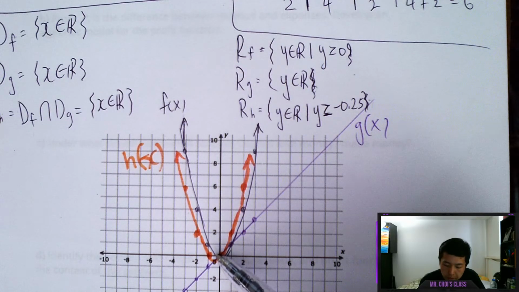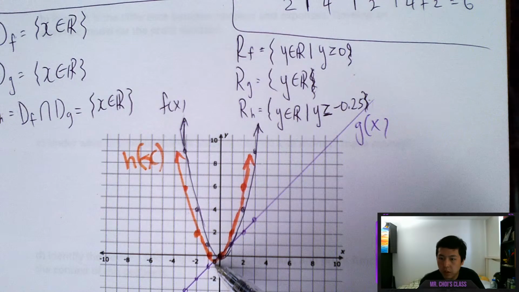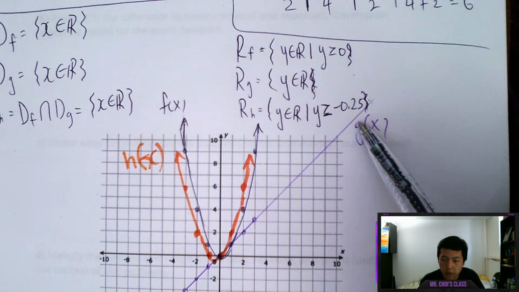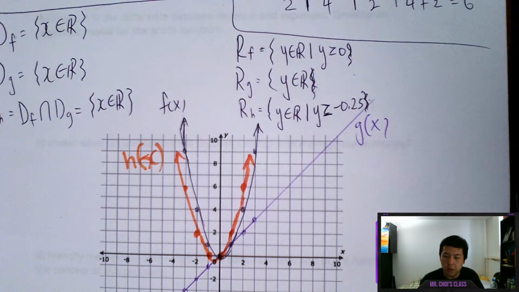However, you'll notice here, where f of x is 0 at negative 0.5, or that increase there, g of x starts to become lower. Adding those two y values gives you negative 0.25. And then y is greater than or equal to that, as it's a parabola going upwards, right?